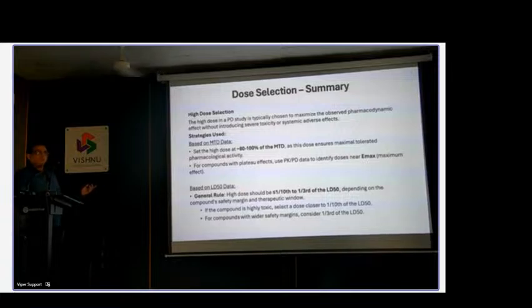You can't say my lethal dose is 10 mg, but I'm doing my study at 8 mg or 10 mg, because that can either kill the animal or end up with other toxicity. But because you're not measuring the toxicity and only concentrating on the pharmacodynamic effect, that doesn't mean your data is valid to use in the human situation.